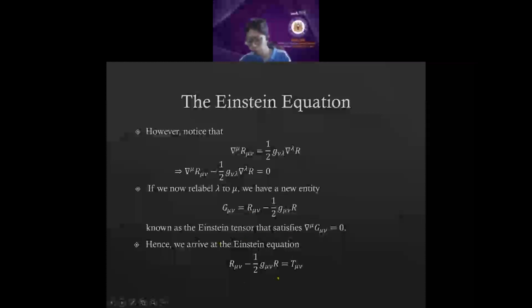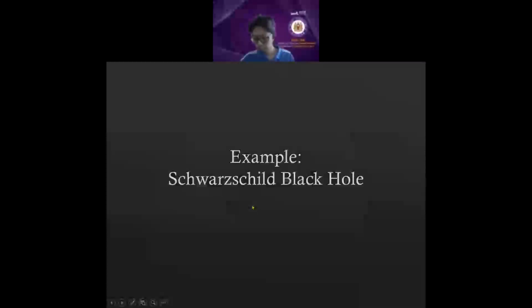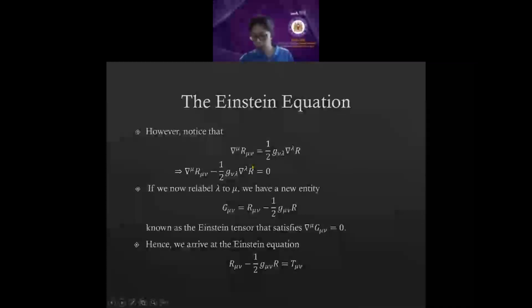This is proposed as the new equation that should replace the Poisson equation, and it works, right? It can describe what happens in the real world, and so far it works. Okay.